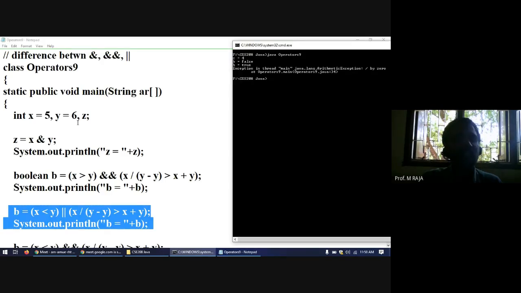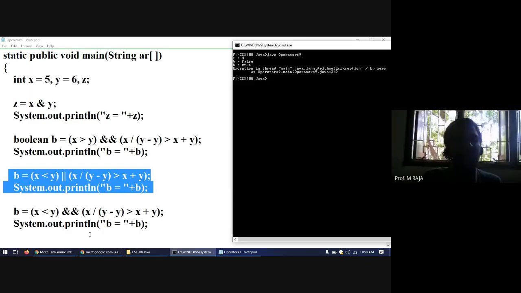Now x less than y means 5 less than 6. The condition is true. True OR something: whatever the result of the second one, true or false, the final result is true. So as far as short circuit logical OR is concerned, if the left hand operand determines the result of the final expression, then the right hand operand will not be evaluated. In this case, we have the value b is equal to true.